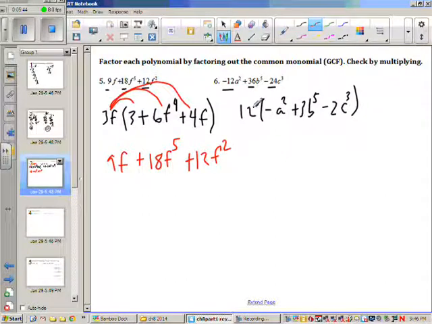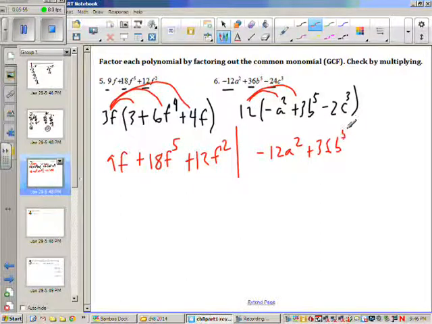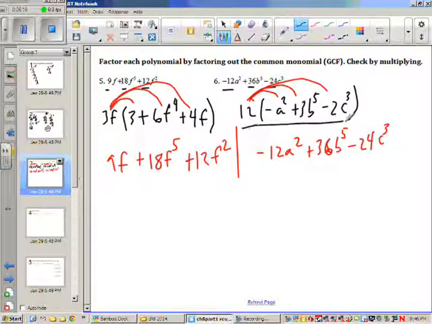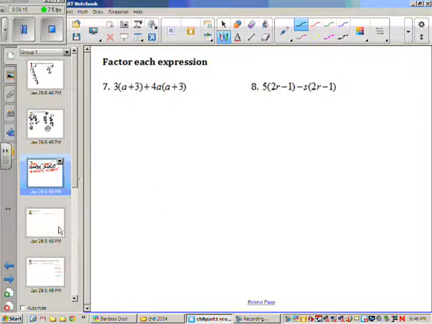And if we distribute back in, 12 times negative a squared is negative 12a squared. 12 times 3, that's 36b to the fifth. And then lastly, 12 times negative 2 is minus 24c to the third. So it checks, but our answer is going to be this set of terms in black.